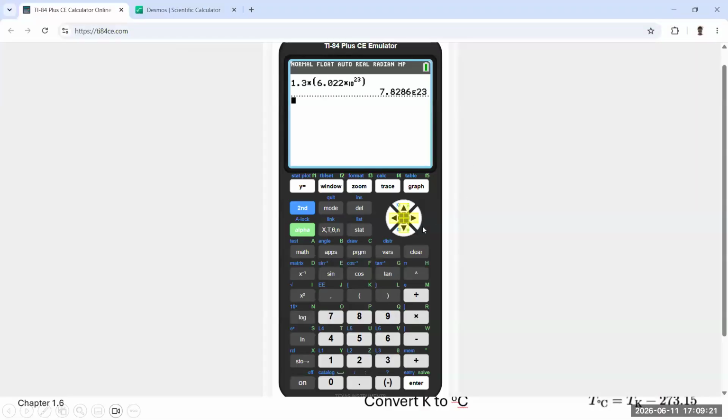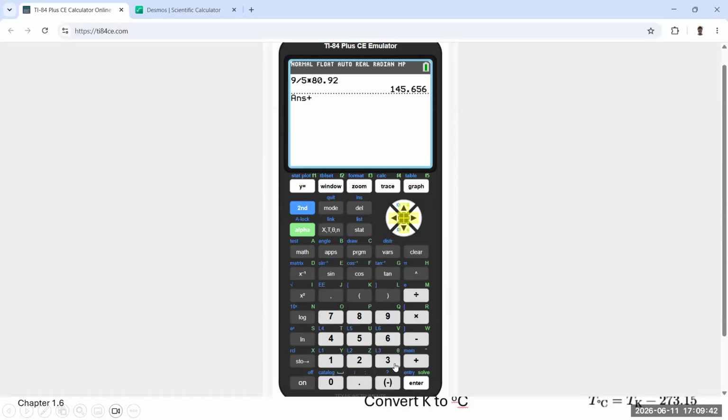Let's go back to the calculator. Clear. 9 divided by 5 times 80.92.